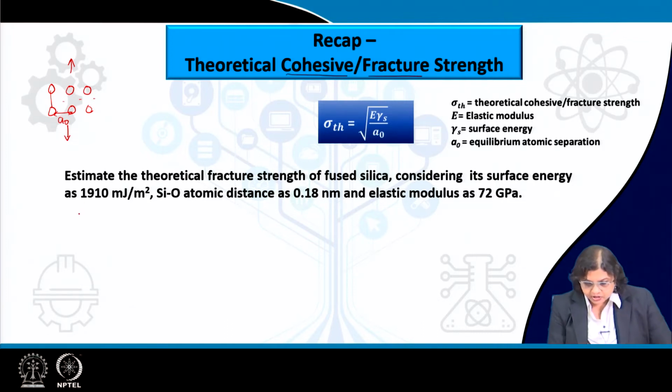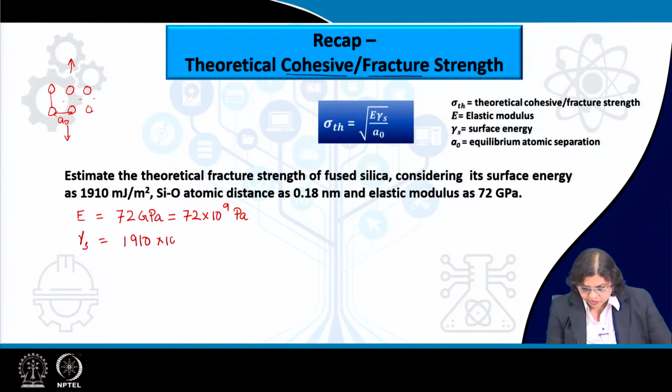So, the elastic modulus is mentioned as 72 GPa, which will be equivalent to 72 into 10 to the power of 9 Pascal, and gamma s, that is the surface energy, is given by 1910 into 10 to the power of minus 3 joule per meter square.